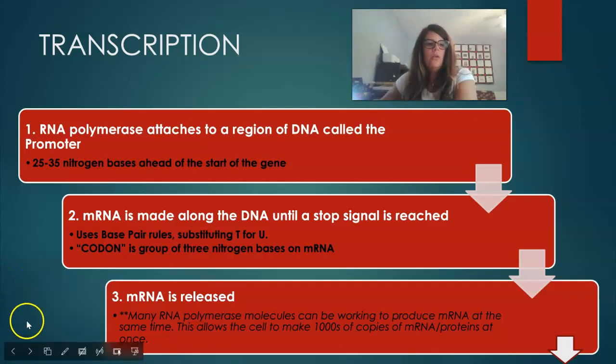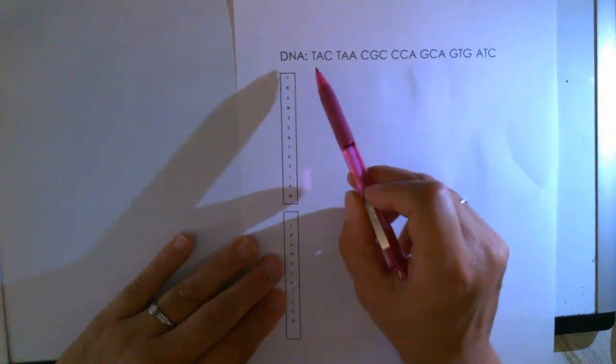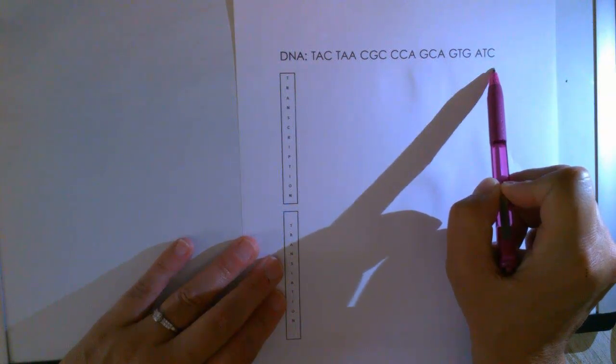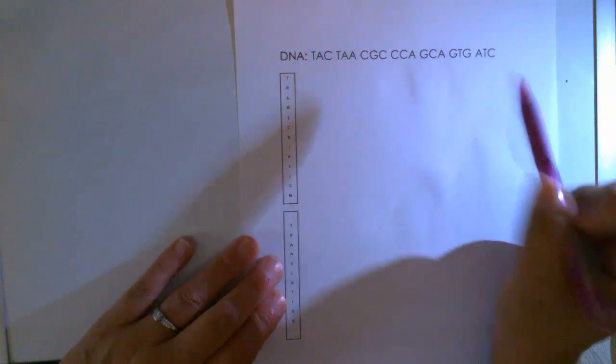So we're going to go over to your sheet here with your DNA, and we're going to go over these 3 steps really quickly. All right, so here's the DNA strand that you have. These are the nitrogen bases, and just remember that this is just one of the 2 strands of the DNA.